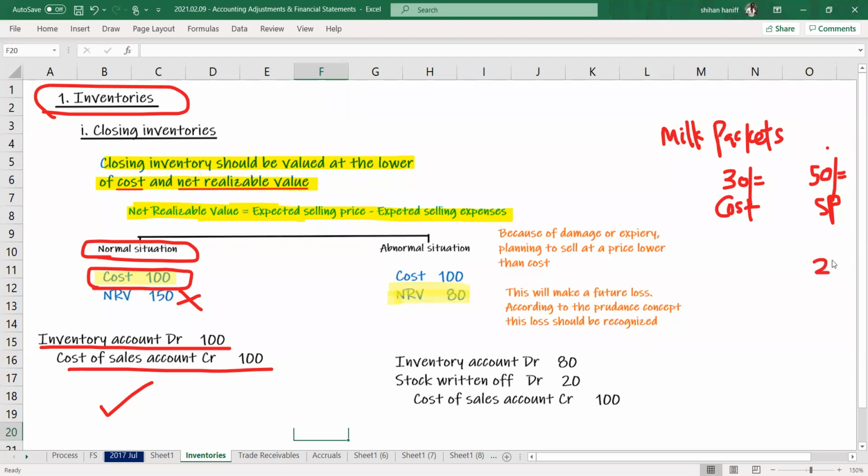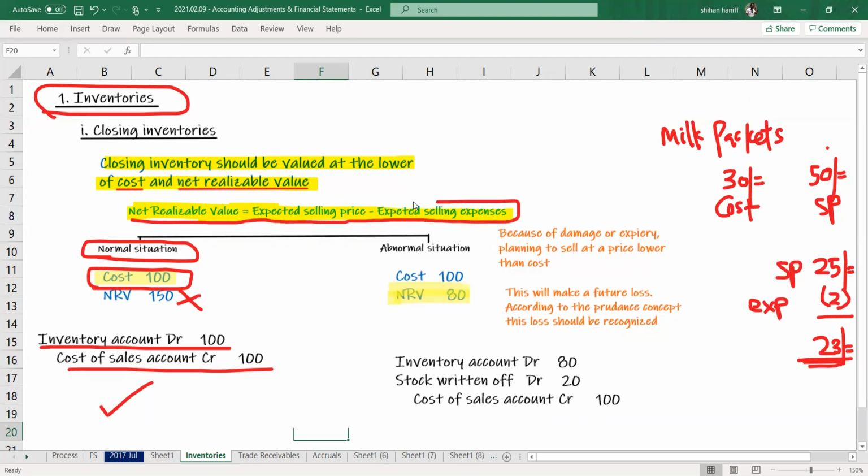So you sell this at 25 rupees. This is the expected selling price. And to sell this, let's say you have to put an advertisement or a banner. So there is 2 rupees expense. Then the net amount that you receive is 23 rupees. So this is called NRV, net realizable value, equals expected selling price minus expected selling expense.